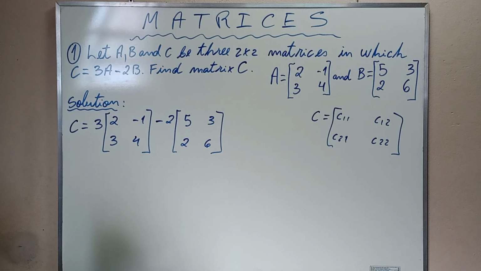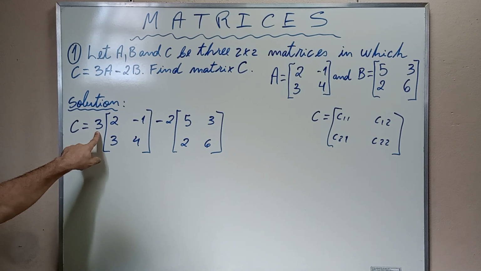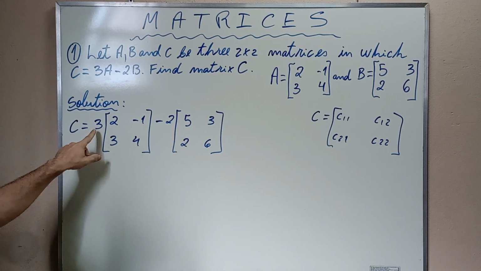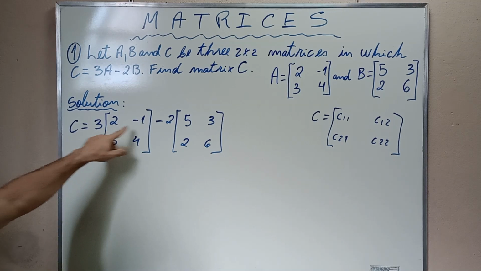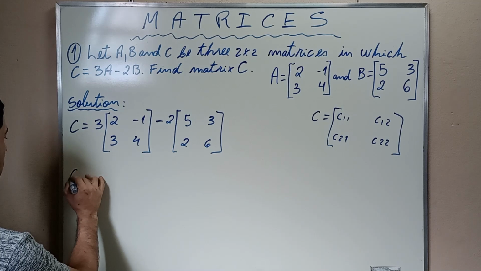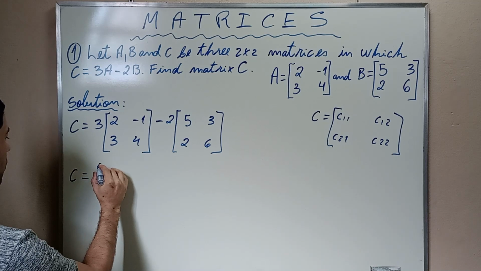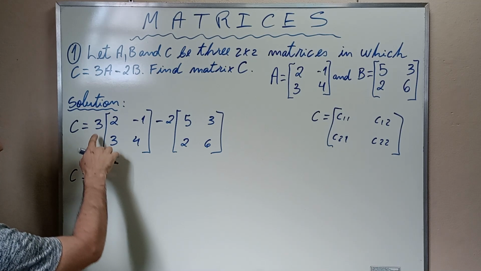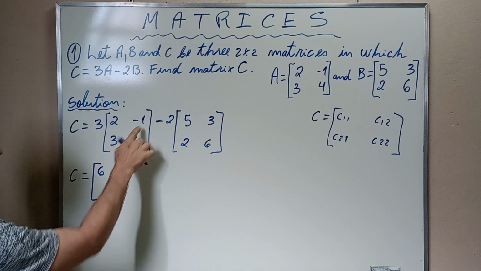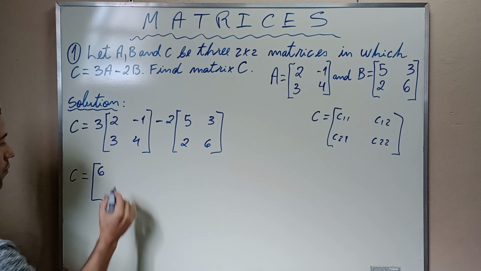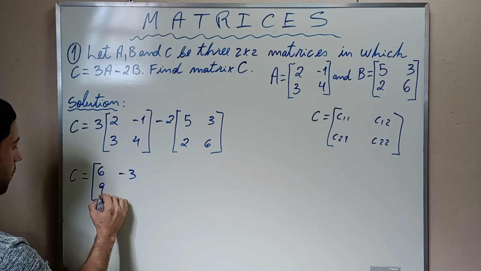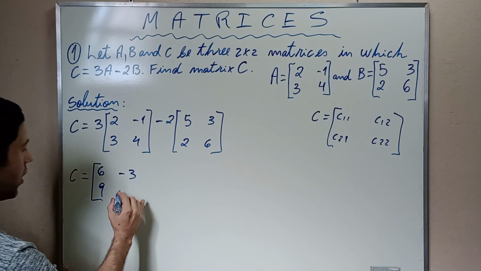Firstly, we carry out scalar multiplication. We are going to multiply the matrices by these scalars, 3 and negative 2. Thus, matrix C will be 3 times 2 is 6, 3 times negative 1 is negative 3, 3 times 3 is 9, 3 times 4 is 12.